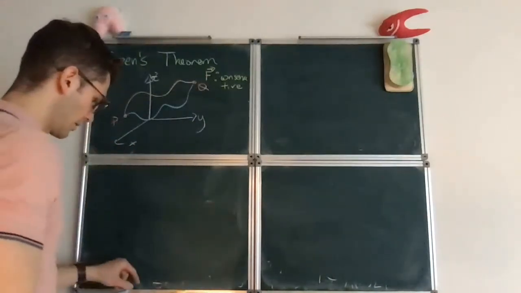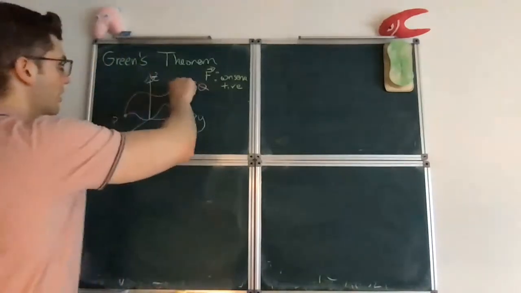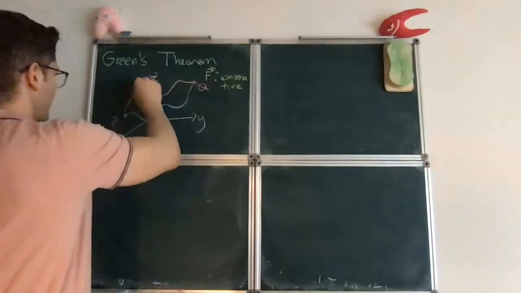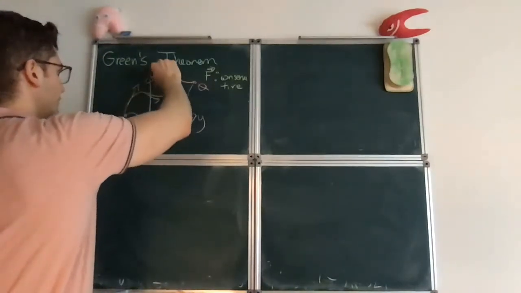Then the W, the work done by the force field along any of these curves or trajectories, right? Remember, the force field may look something like this.